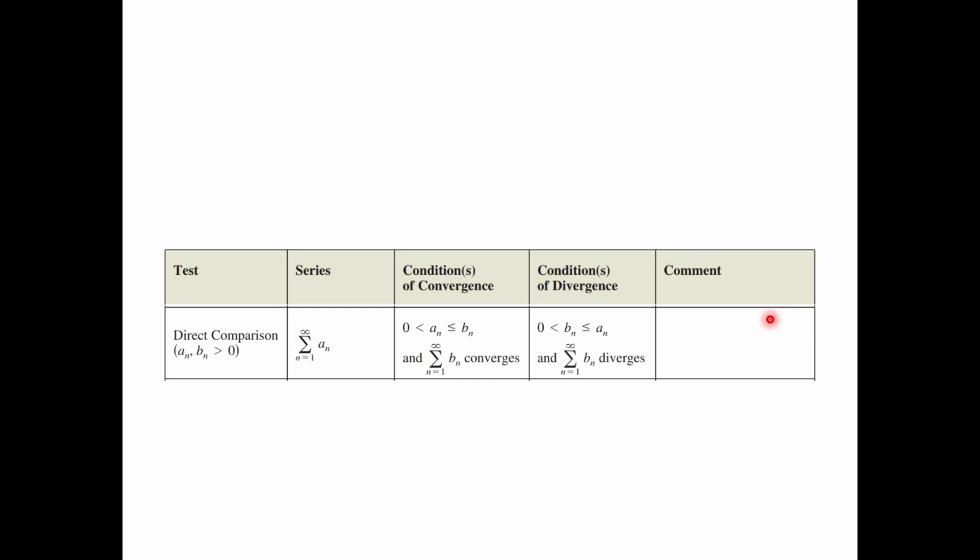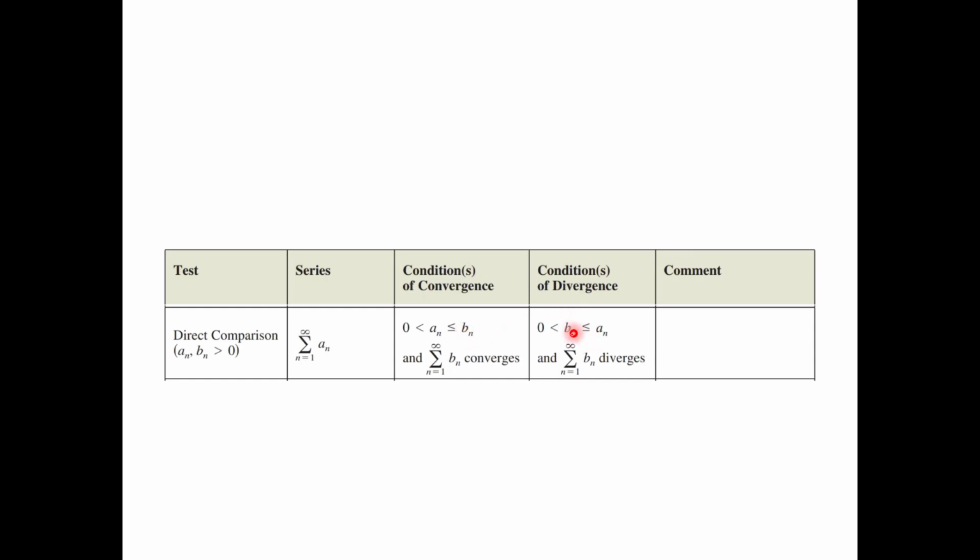Then you have the direct comparison test. You should have the p-series and the geometric series memorized and know when they converge. If you can make an easy comparison, where your series can easily be compared to another series whose terms are bigger and that converges, then you can use the basic comparison test to tell you that your series is going to converge.